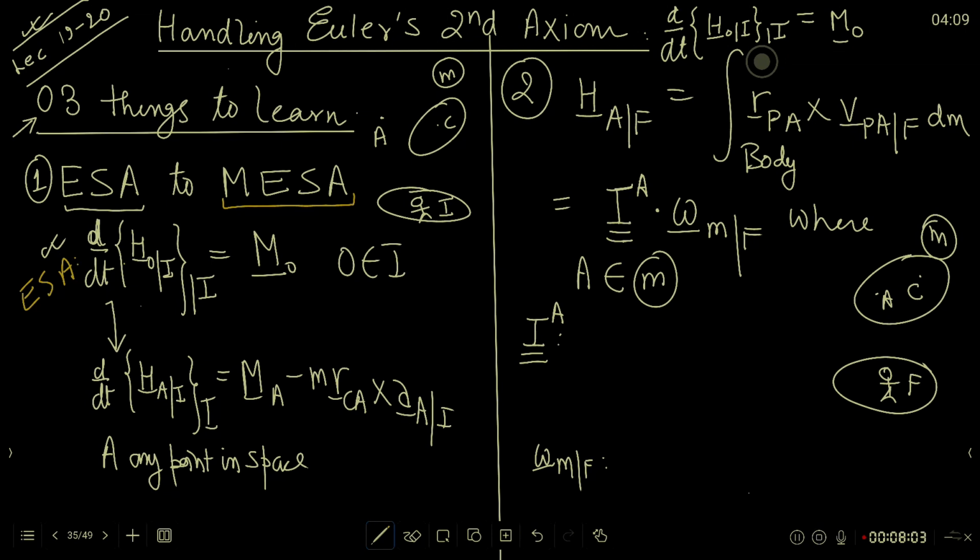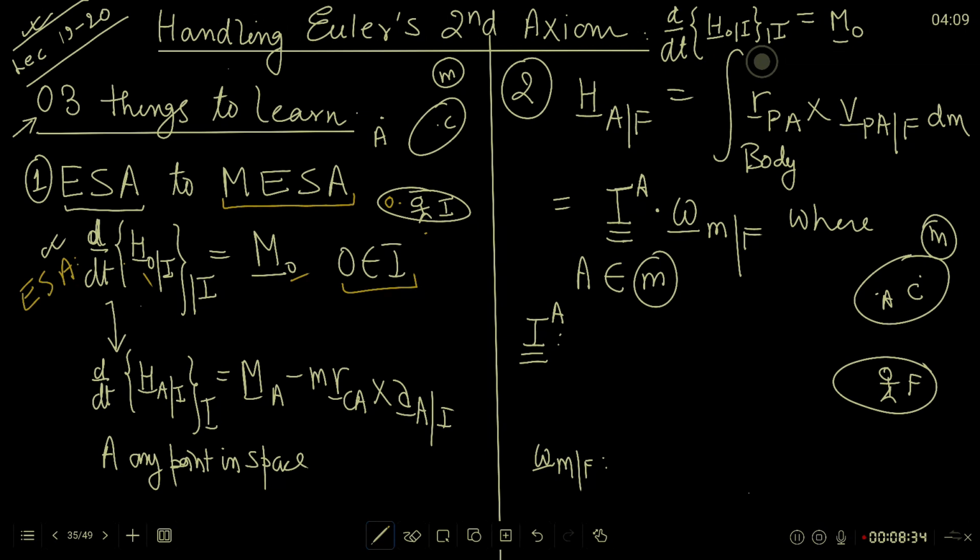Now ESA has this major restriction on itself that this point O that is appearing on the 2 sides of ESA, that point has to be fixed in I. And I said that in many problems this may be very inconvenient as far as dealing with the algebra is concerned, and that is why we want to relieve ourselves of this restriction.